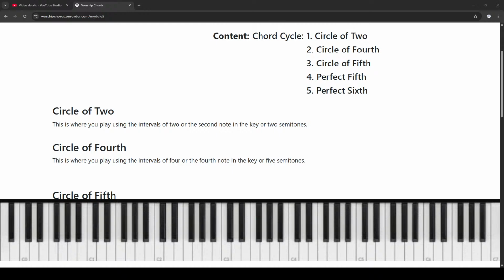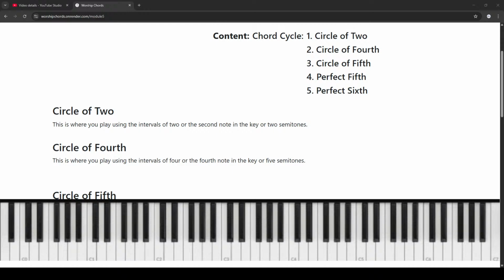We are going to use the interval of 2, so 1 and 2. You play it as chords: chord 1, and then chord 2, then chord 3, then chord 4.